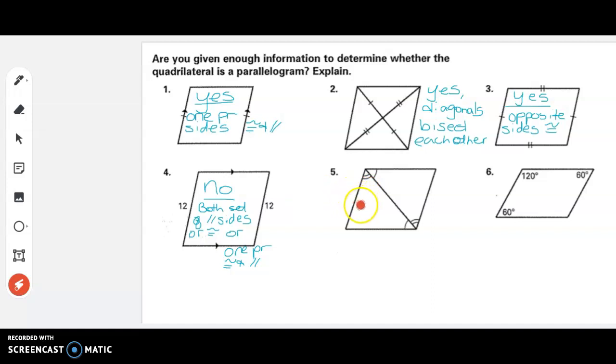If you have alternate interior angles, then you have parallel sides. So I make that Z shape, and that tells me those are parallel. And I have another Z shape, so that tells me those are parallel. That's going to depend on which one you choose. So this is definitely a yes, but it's going to depend.